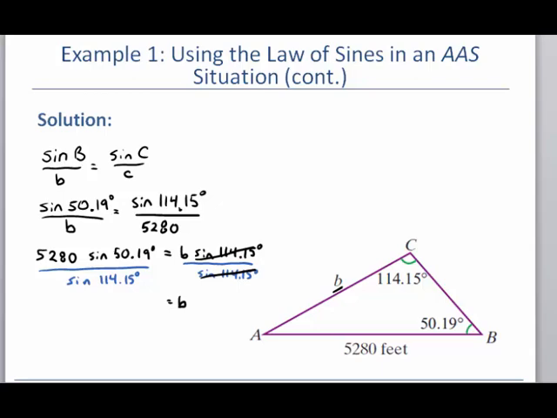So you want to be sure that your calculator is set in the degree mode, and then you're going to enter that in. And so when you do that, you're going to come up with 4,444.98 feet. And it looks like our book is asking us to round this to a whole number.